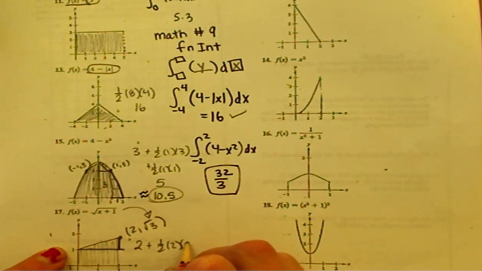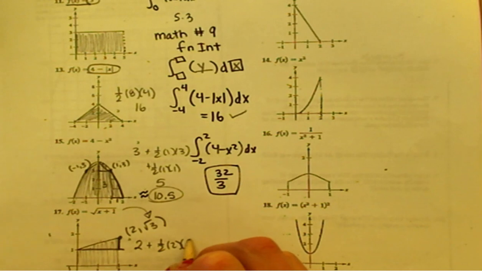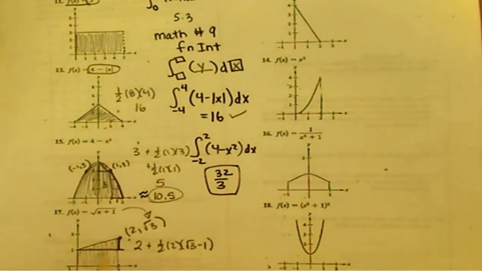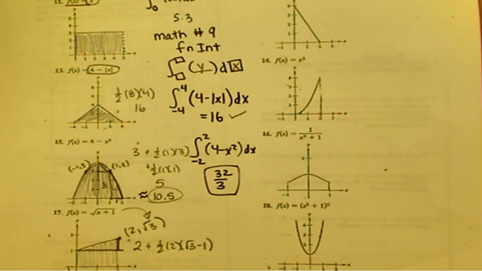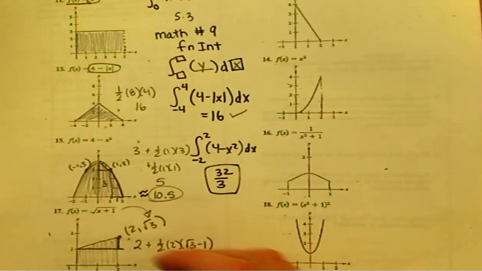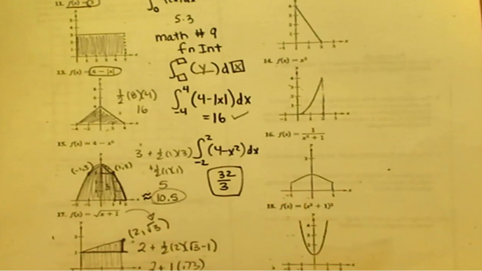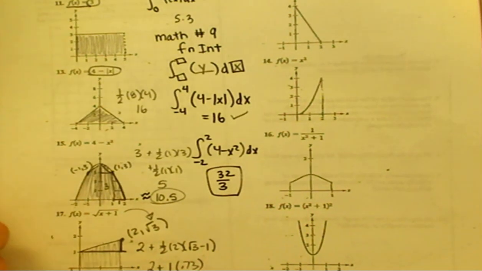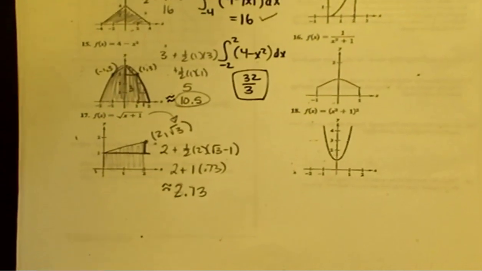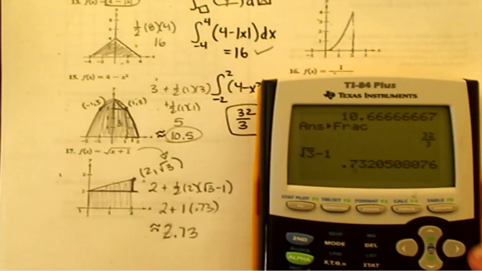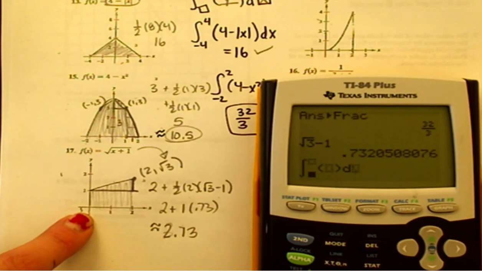That's just going to be 3 minus 1. Okay, so let's type. Math 9. 0 to 2.